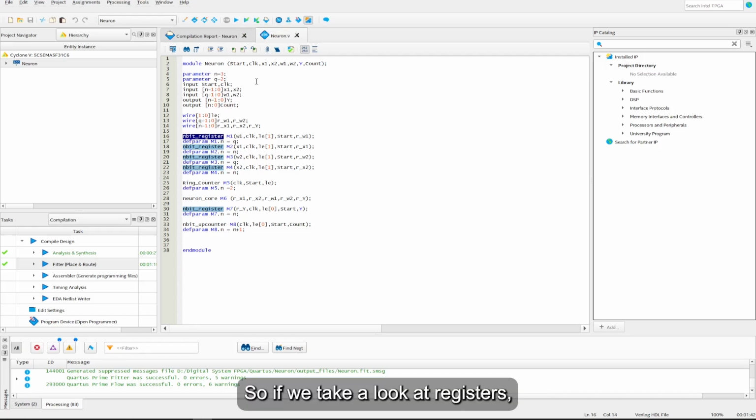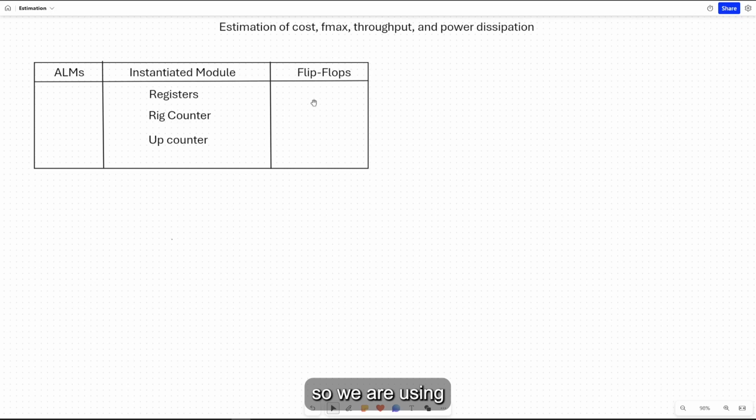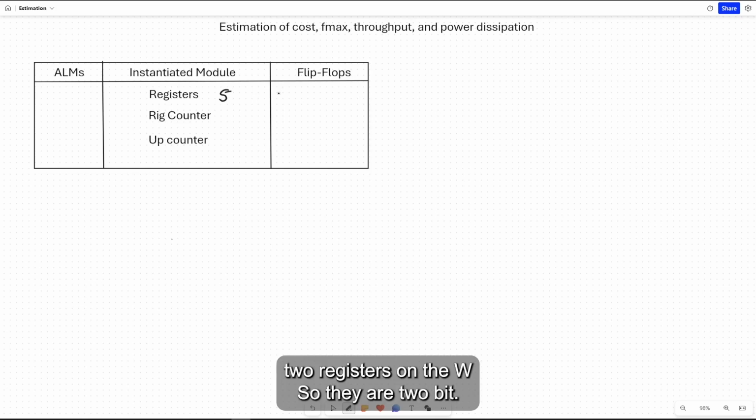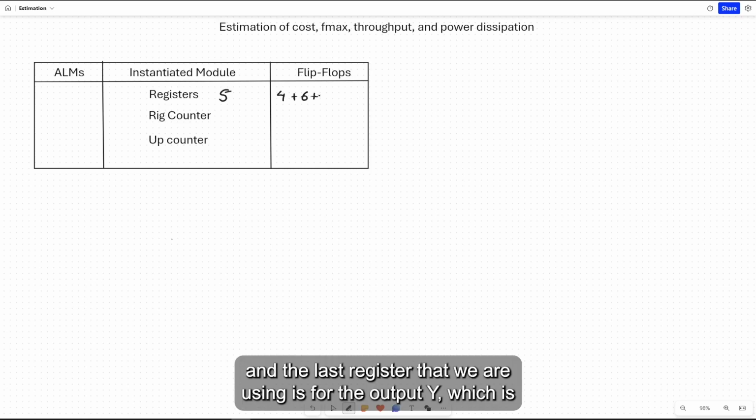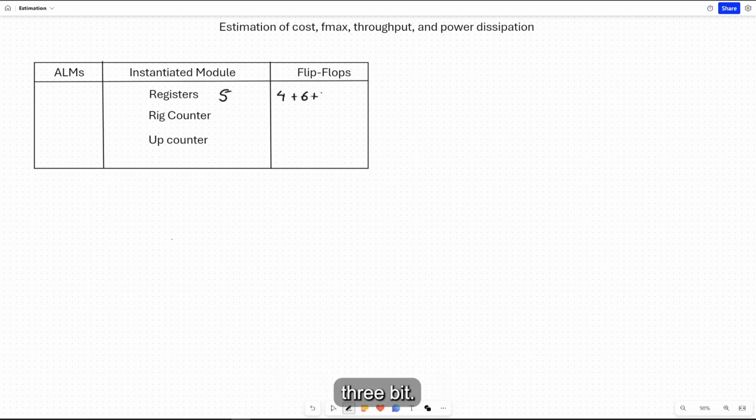So if we take a look at registers here, we are using 5 registers, and these 5 registers are using 2 registers on the W, so there are 2 bits, so it is 4 flip-flops, plus we are using 2 registers for X, and those are 3-bit, so it is 6 flip-flops, and the last register that we are using is for the output Y, which is 3-bit.